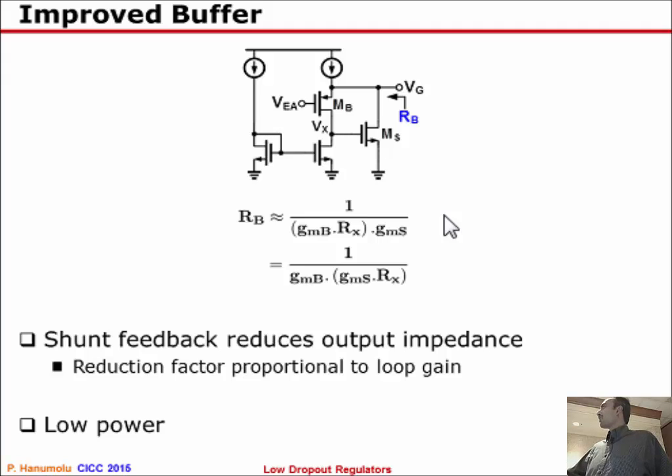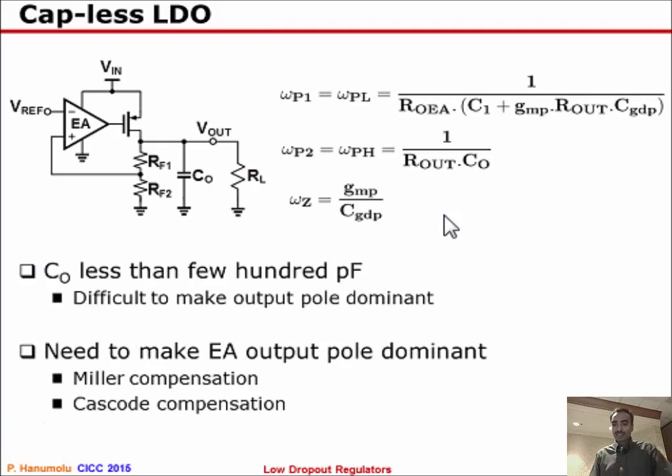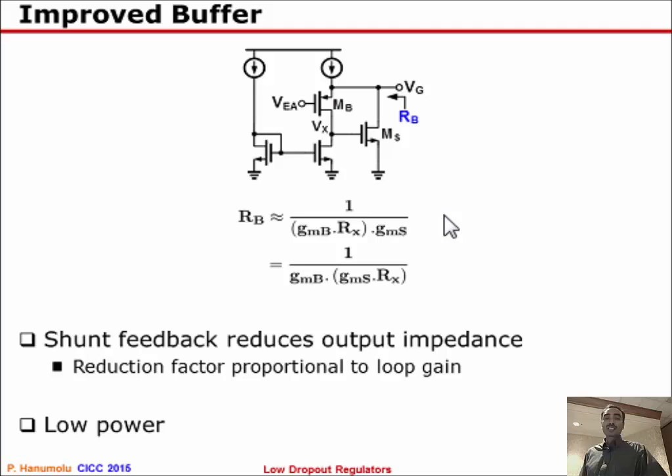So the output impedance is roughly equal to 1 over this term here. So the larger the gain you have here, or the larger the transconductance you have here, will greatly reduce the output impedance. Okay. This typically burns much lower power compared to the case where you don't have the feedback and you keep just increasing the bias current. So far, I think I have talked about LDOs with large output capacitor.